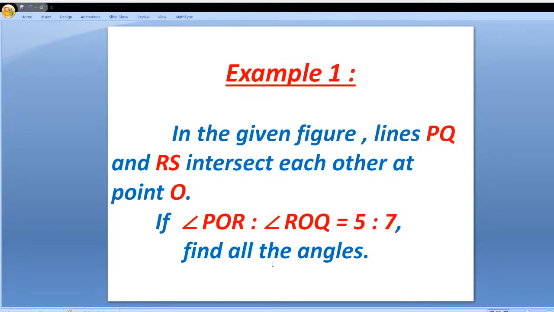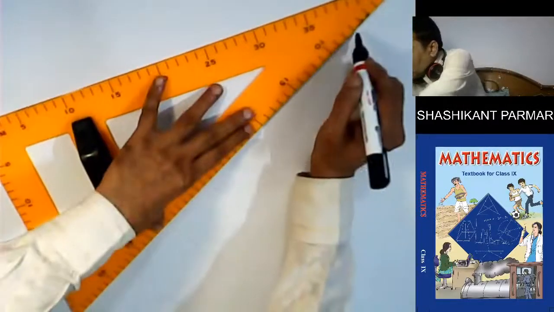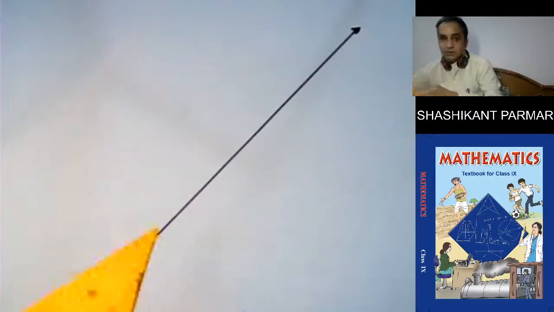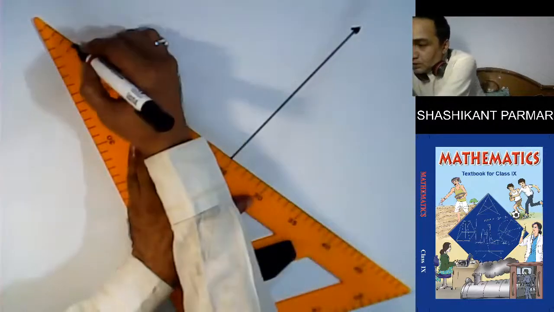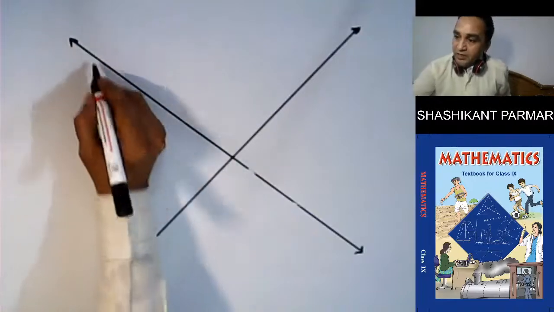Number first: in the given figure, lines PQ and RS intersect each other at the point O. First try to understand the figure.